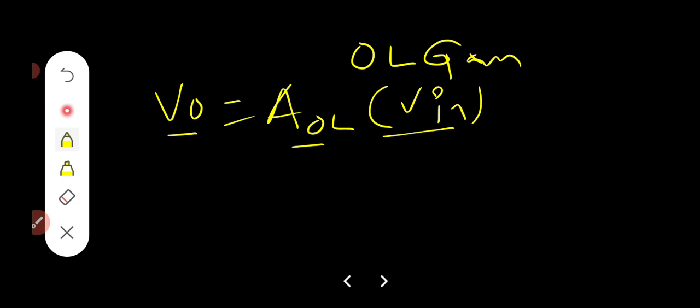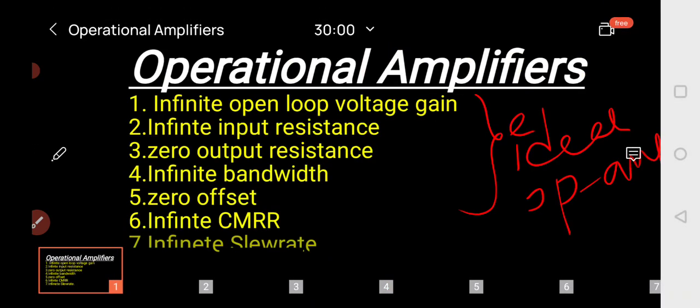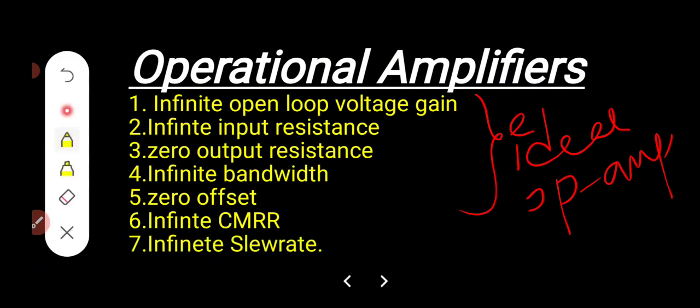The second characteristic is infinite input resistance. Infinite input resistance means that the operational amplifier has infinite resistance at its input.